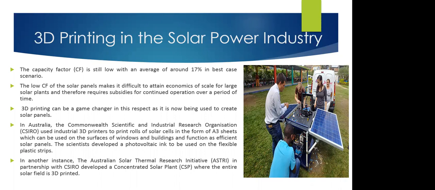The scientists developed a photovoltaic ink to be used on flexible plastic strips. In another instance, the Australian Solar Thermal Research Initiative, in partnership with the Commonwealth Scientific and Industrial Research Organisation, developed a solar plant where the entire solar field is 3D printed.